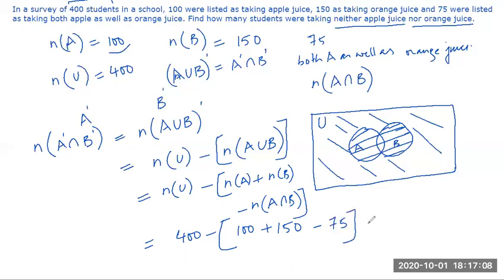Am I right? So this is equal to 400 minus 250 minus 75, which is basically 225. So 225 students are taking neither apple juice nor orange juice.